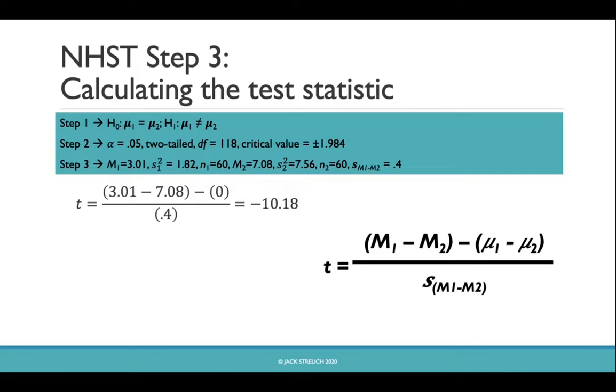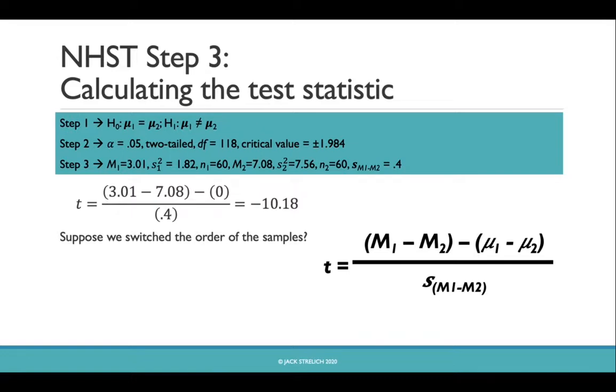Now, you might wonder, what is the significance of the fact that we found a negative t-score? Well, suppose that we switched around the order of the samples. After all, calling one sample 1 and the other sample 2 was kind of arbitrary. If we switch the order of the samples, instead of subtracting 7.08 from 3.01, we would subtract 3.01 from 7.08. We would get the same absolute value.